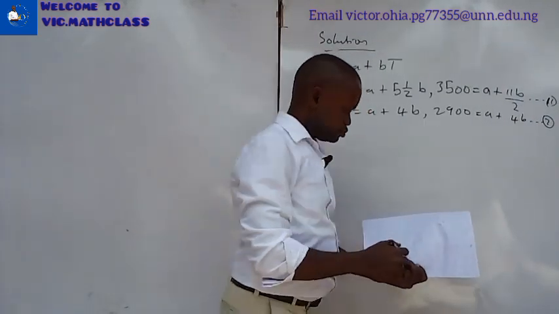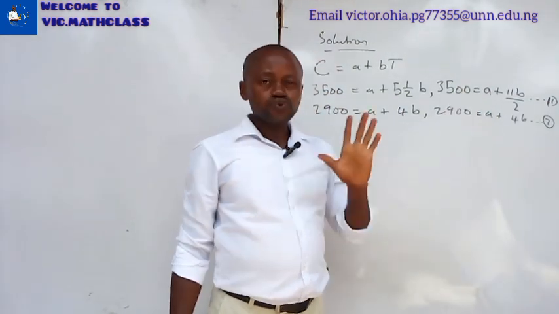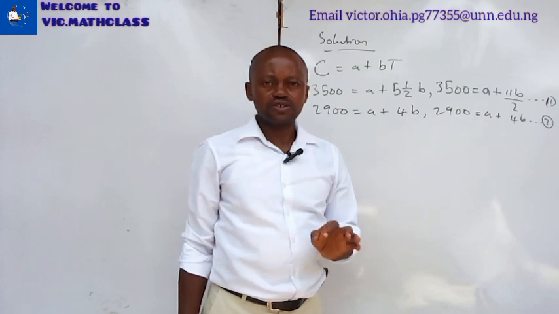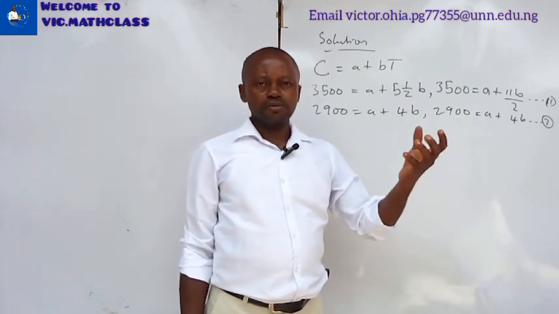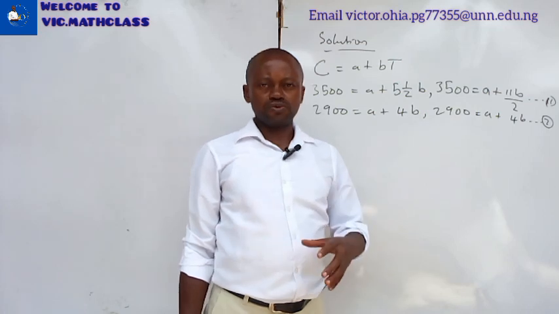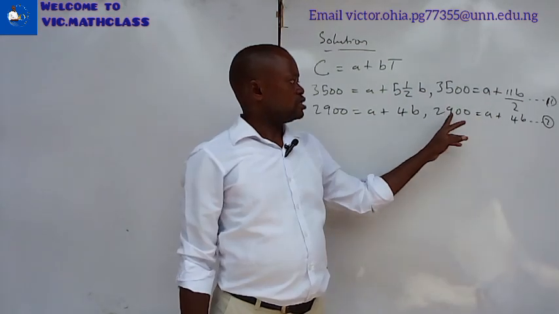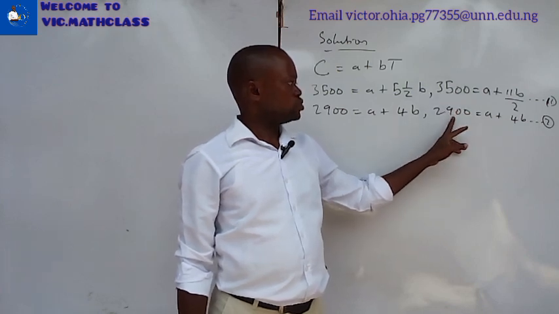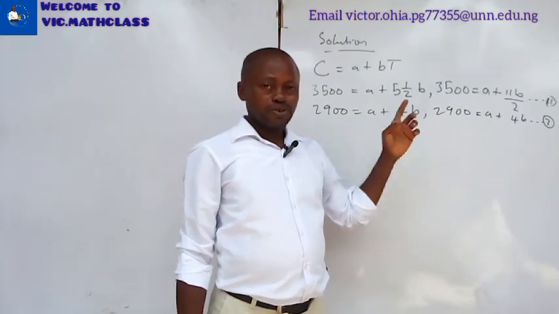Now, because this is an equation in two variables, we solve it simultaneously. You can say equation 1 minus equation 2 or equation 2 minus equation 1, but anyhow you go about it, I try to maintain absolute value here. Did you get what I said?